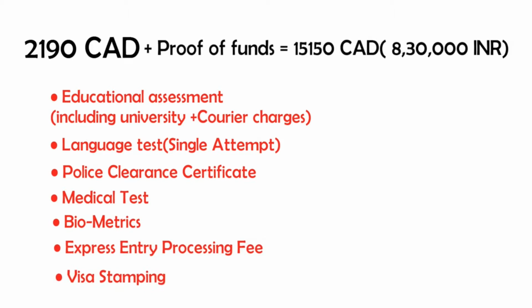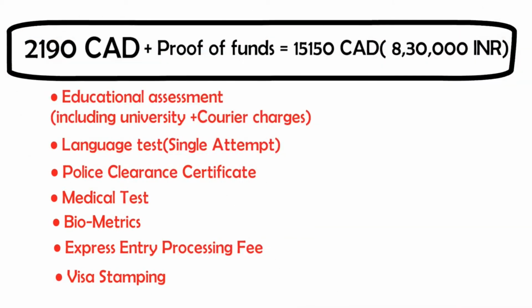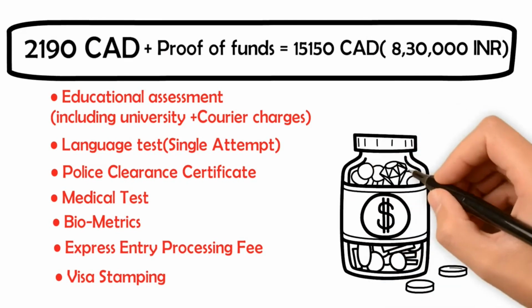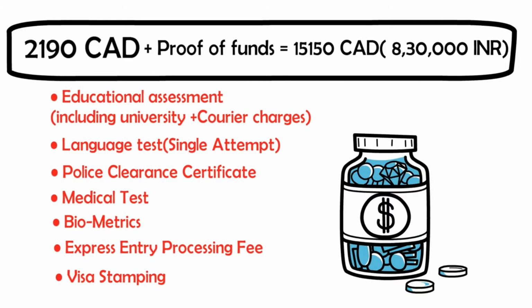So the approximate cost of PR application for one person is around 15,150 Canadian dollars, out of which 2190 Canadian dollars is the money that you are going to spend, and the remaining amount needs to be kept in your bank account. There might be some smaller miscellaneous charges apart from this total cost, which may arise while you are arranging your documents for submission.